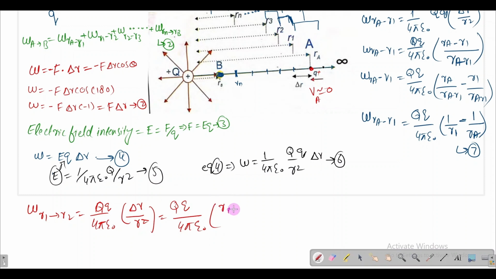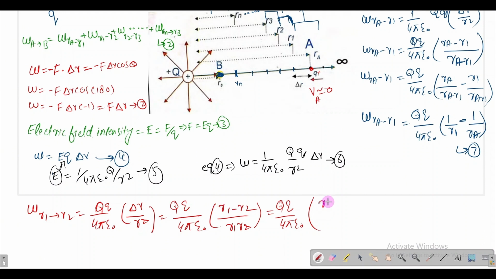So it becomes R1 minus R2 divided by R square, which is the multiplication of two R's, here R1 and R2.